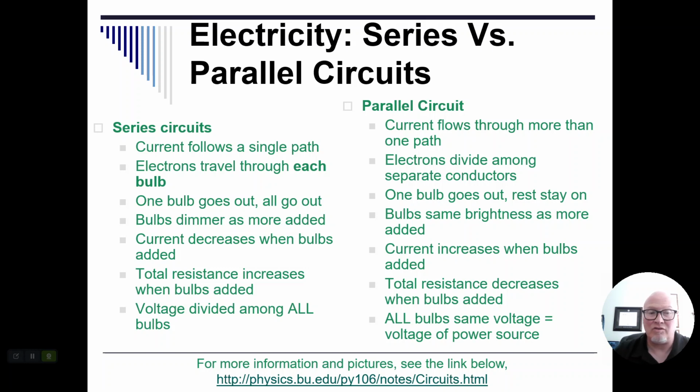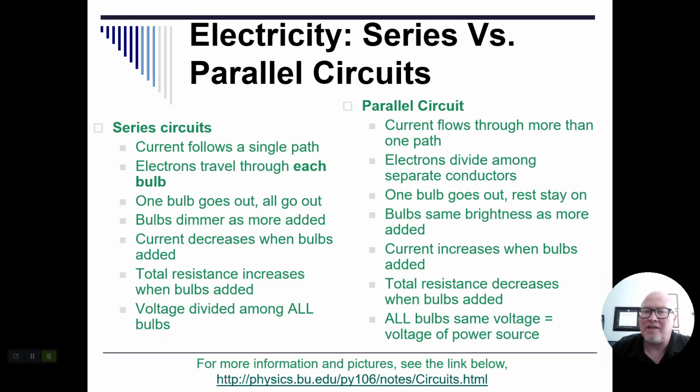In a series circuit, the voltage is divided amongst all the bulbs, or anything that's running on this circuit, which means that the voltage for each one of them is lessened. Every time you put another resistor in a series circuit, it's going to reduce the amount of voltage across the board.